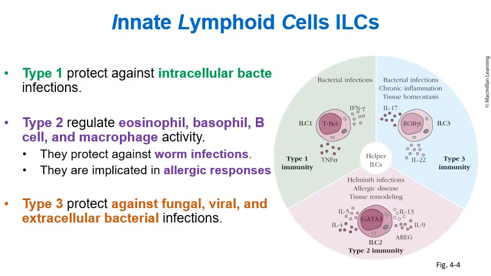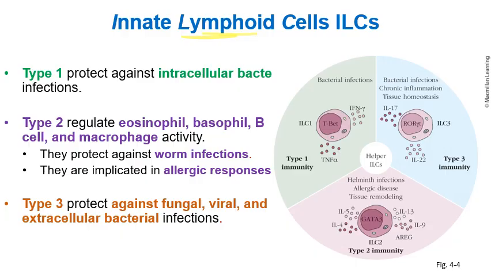And here's when the fun starts, right? So your innate lymphoid cells, you actually have 3 different types of those innate lymphoid cells. Those are your cousins of your T cells, right? Each one of these types is going to be activated depending on the type of pathogen that you are fighting.